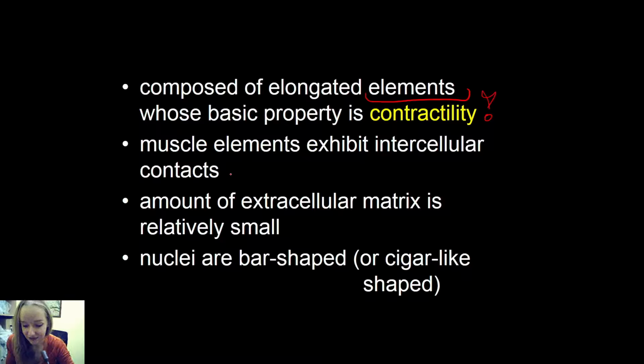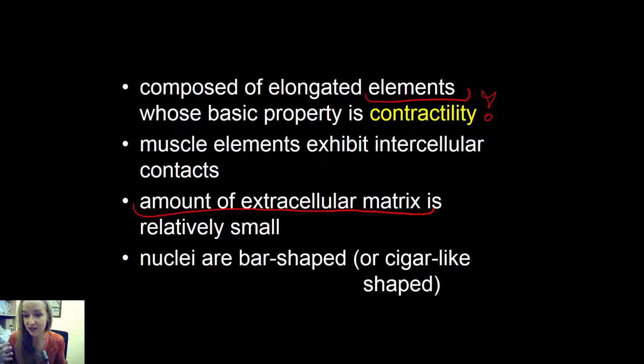There is not much intercellular mass between these elements, but definitely more extracellular matrix than in epithelia and nerve tissue. So a very small amount of extracellular matrix, but more than in epithelia and nerve tissue. These elements are connected together.